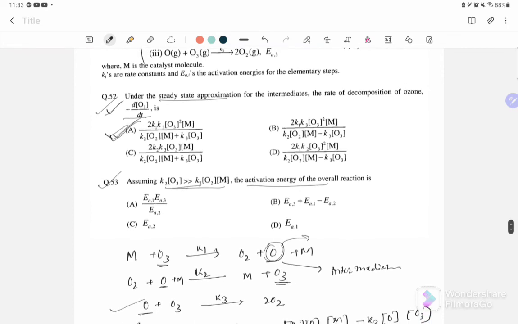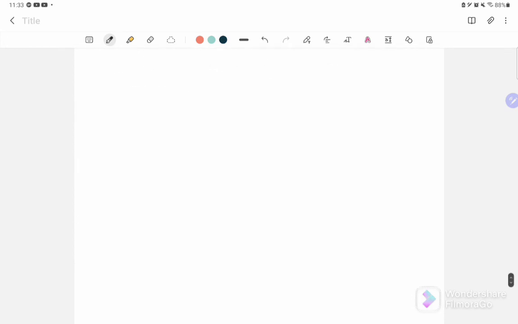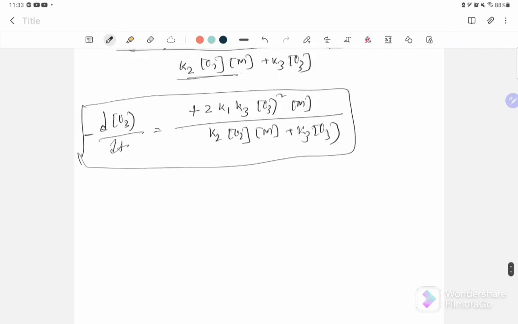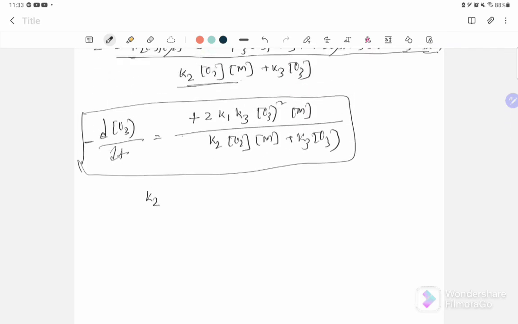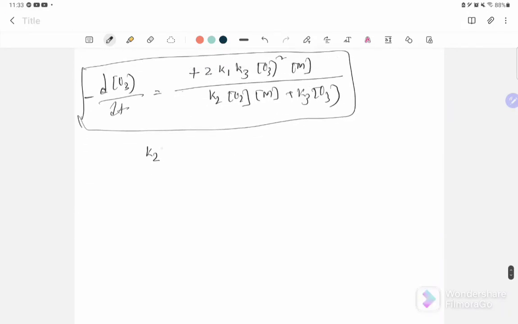Okay, so our next question is according to this one. The condition is K3 [O3] is much greater than K2 [O2][M] in the denominator. So the condition given is that K2 [O2][M] is less than K3 [O3].